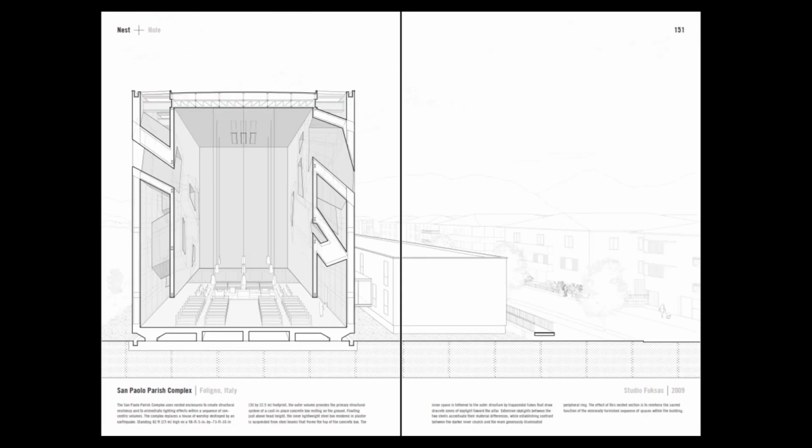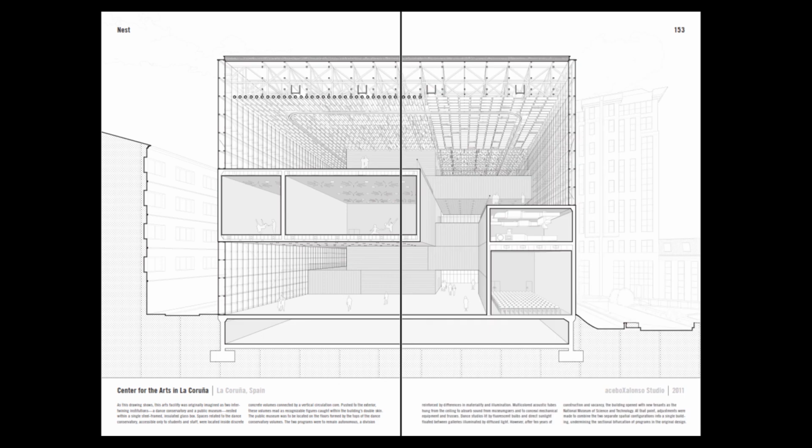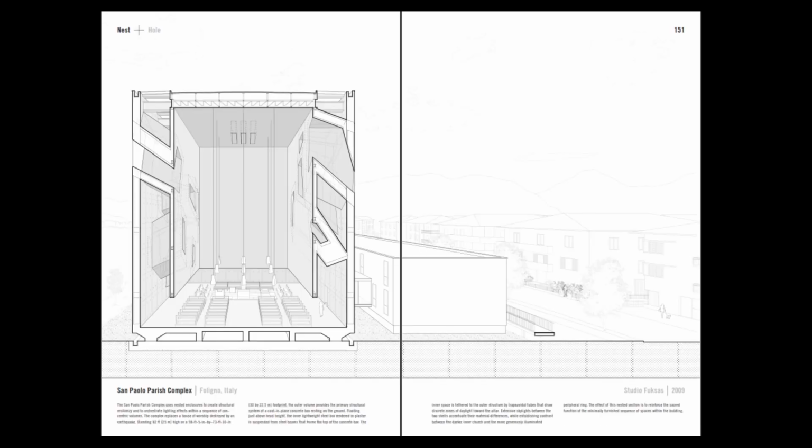Poly House, San Paulo, Parish Complex. Okay, this is really interesting. These are the openings, and there's this big gap here. So I'm assuming the light comes here and through the other ones.